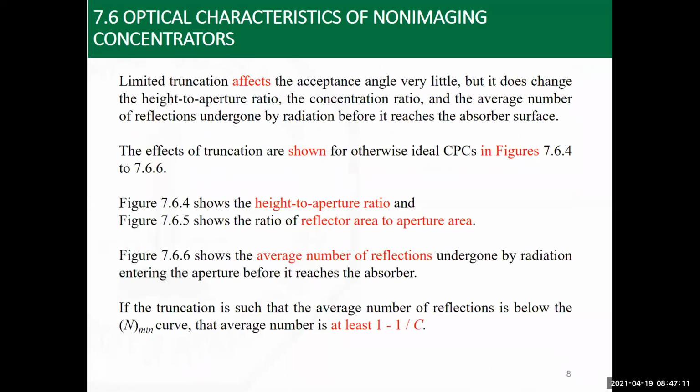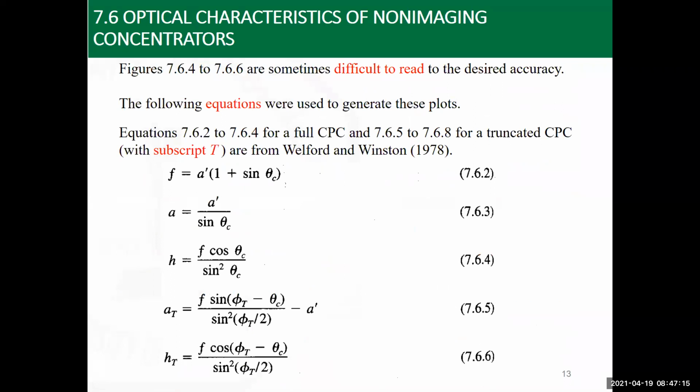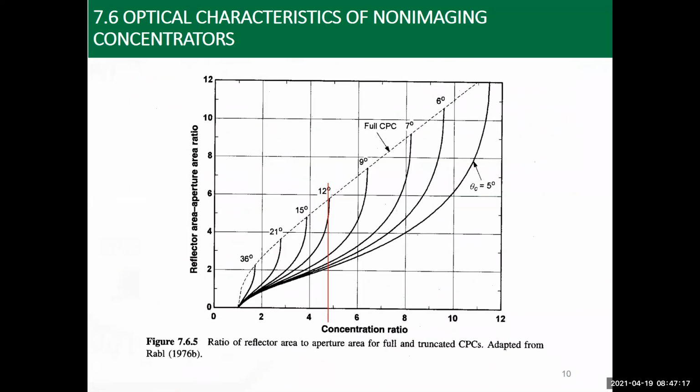Then, knowing the value of Ci and the value of theta c, we can start substituting. Definitely, we can use this figure. For example, you can start with a value of 2 as the concentration ratio, and the intersect is going to be here. So you can roughly, visually estimate what the angle should be. And when we say the angle is 30, because we calculated it, now we can say, yeah, it makes sense.